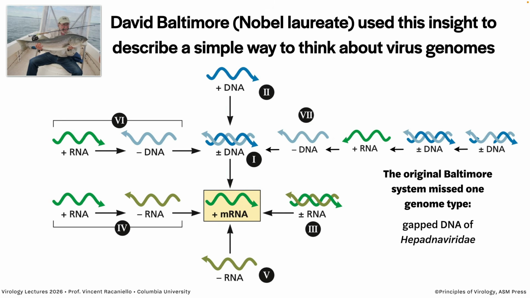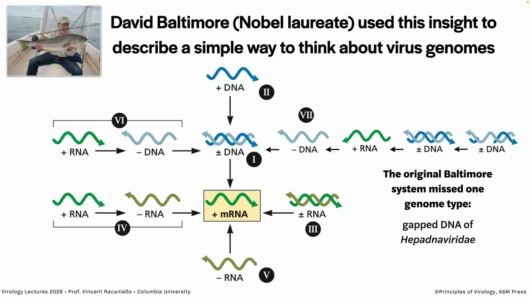Why? Because all virus genomes have to make mRNA. And then he put the viral genome types around it, showing the pathway to mRNA. He actually didn't have the 7th group because they weren't known at the time. These were the hepatitis B viruses, which have a very convoluted scheme, which we'll come back to in a minute.